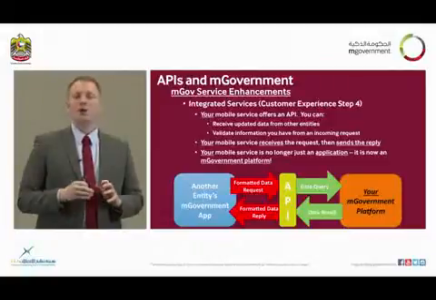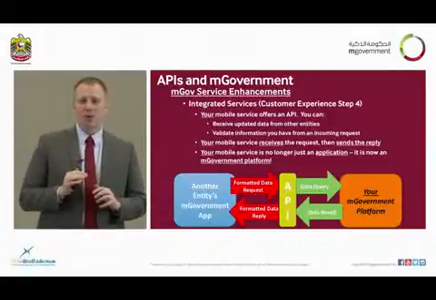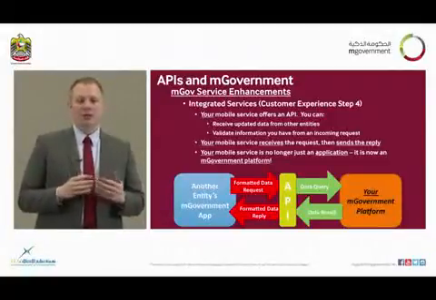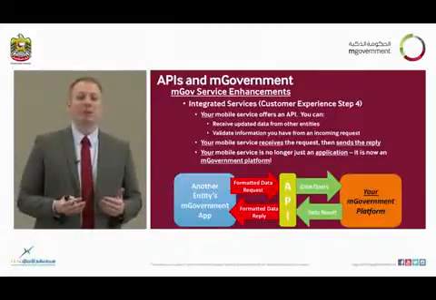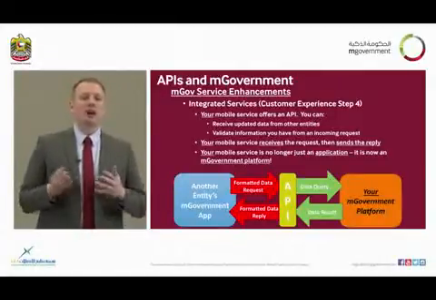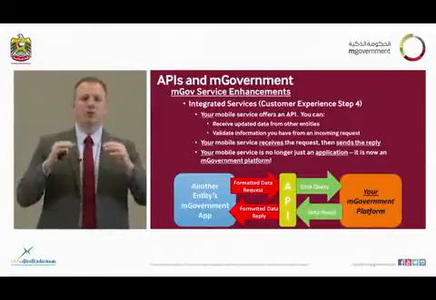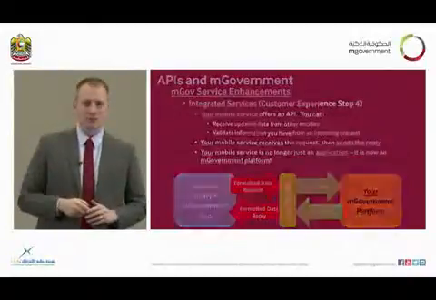In fact, once we are providing services at this level, we're no longer really a mobile application. We're more like a mobile platform. We provide a service that others can use to build upon to enhance their own services.